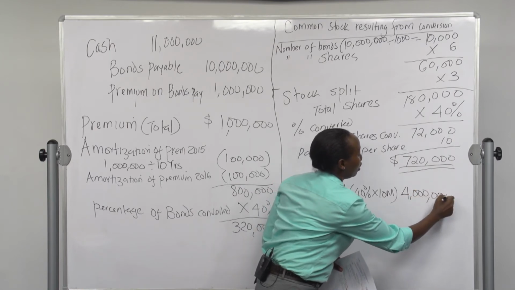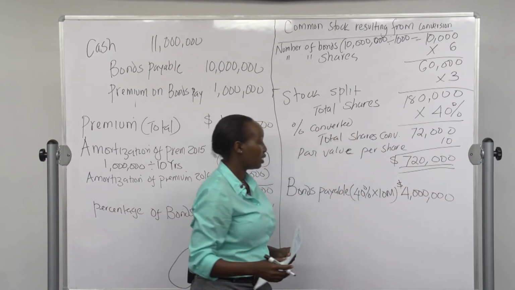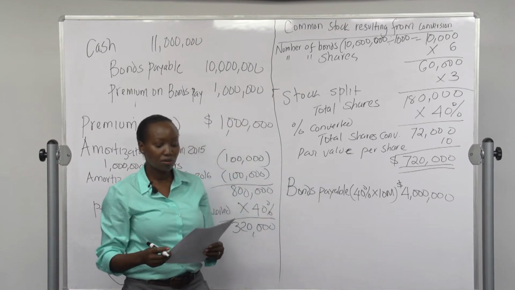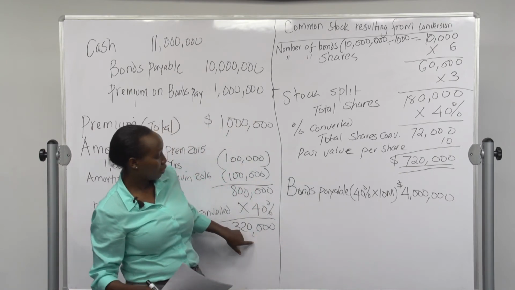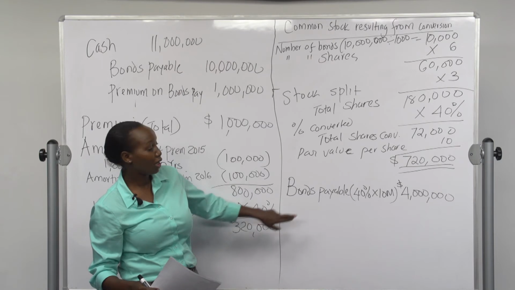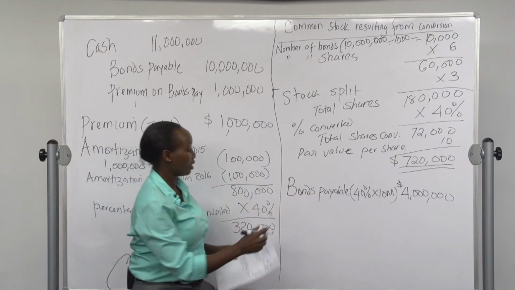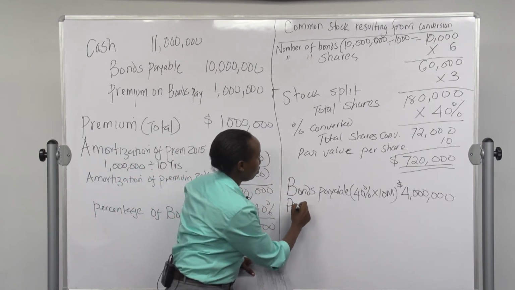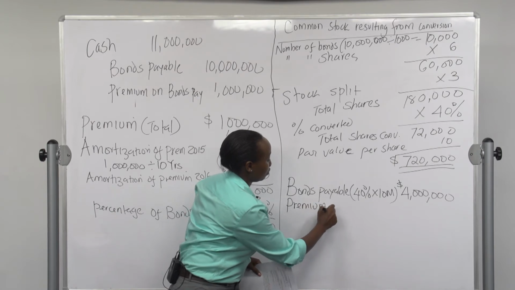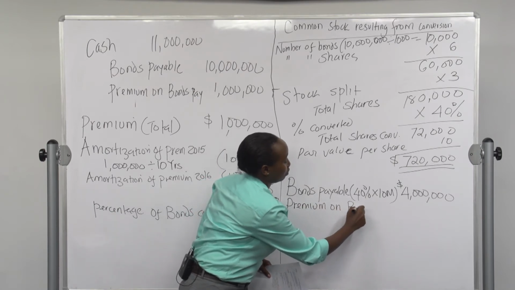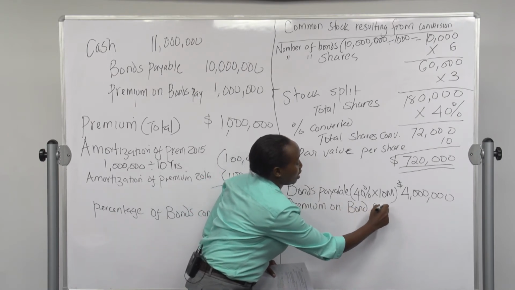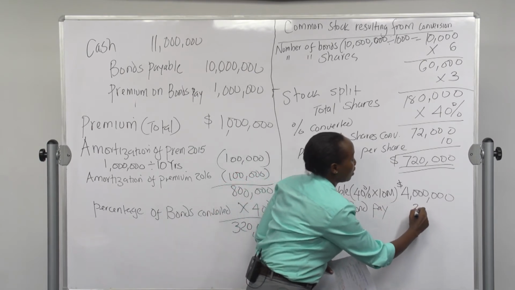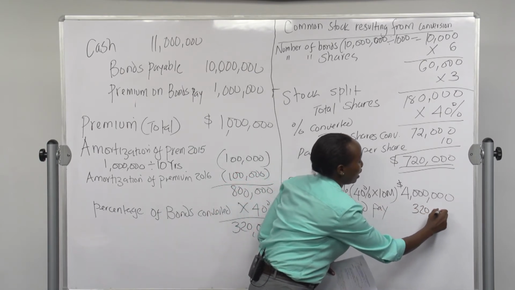Next, we also have the premium, which we already computed, the premium related to the bonds that were converted. So premium on bonds payable, we have 320,000. That's also another debit.